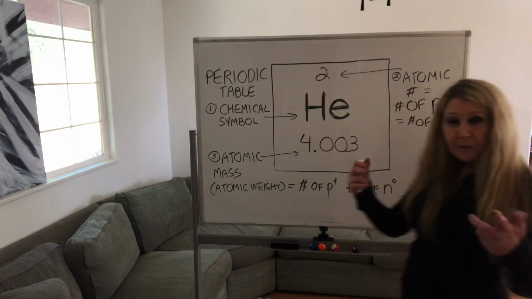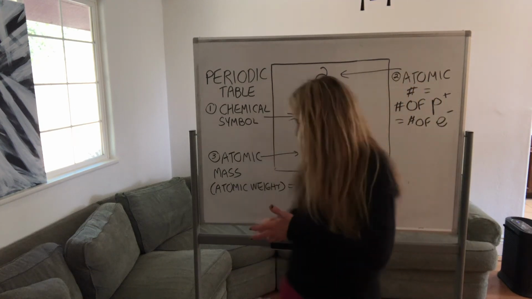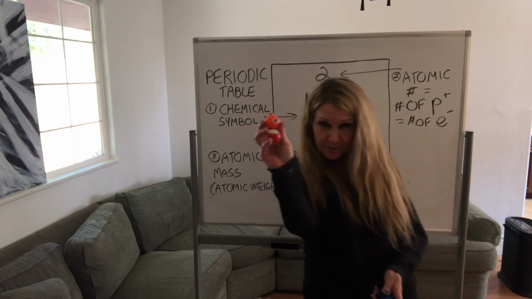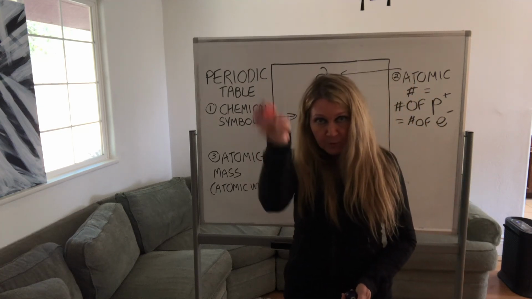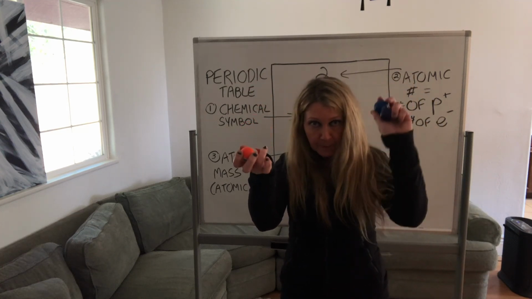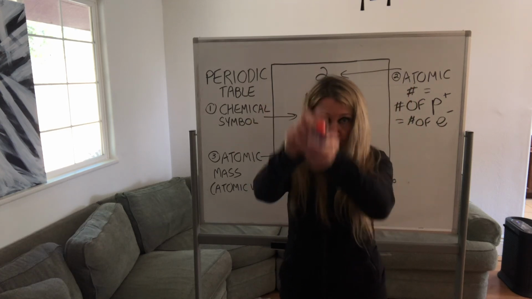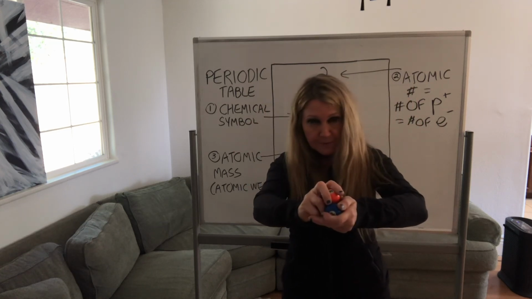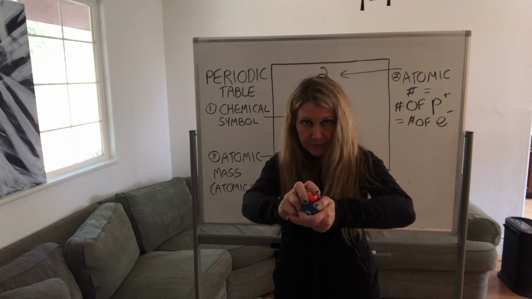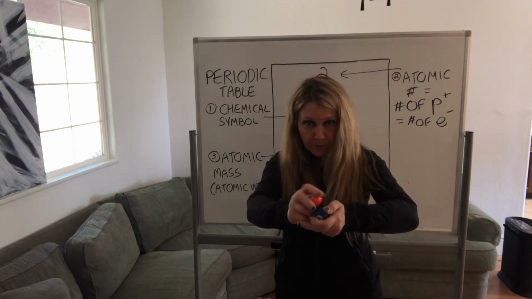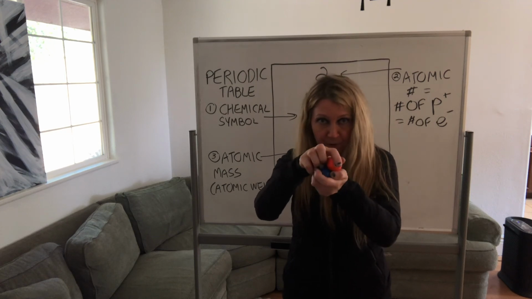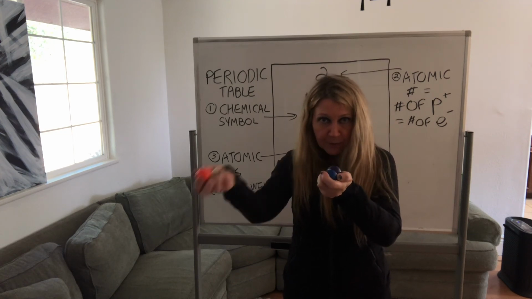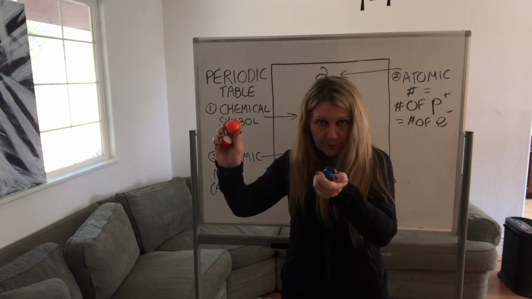So how do I figure out the number of neutrons then? If I know the number of protons from the atomic number, so I know how many are here, and I also know the total in the nucleus, because that's the atomic mass, all I do is take the atomic mass, which is all of this, and subtract the atomic number.